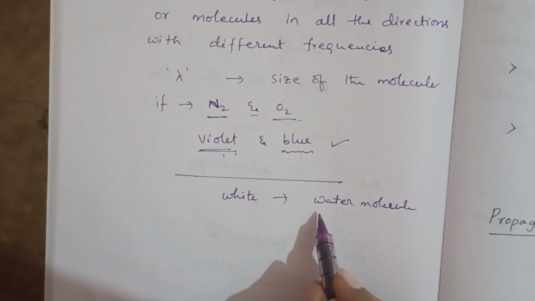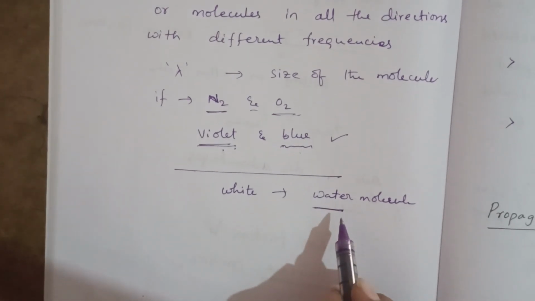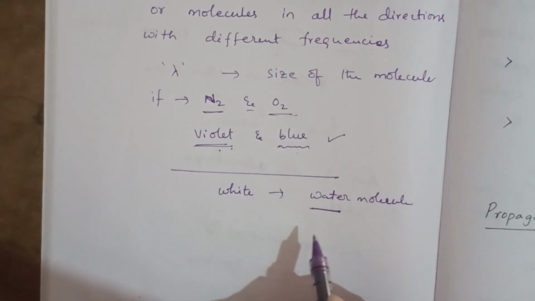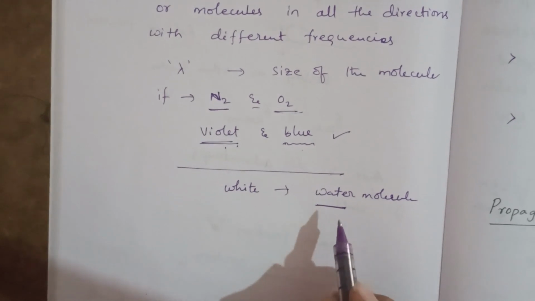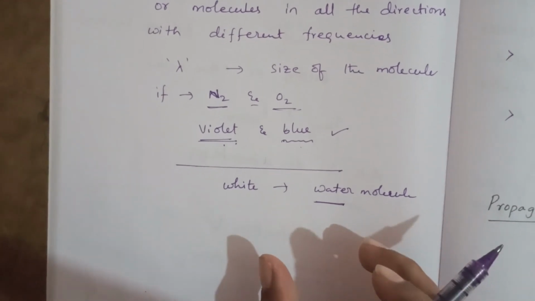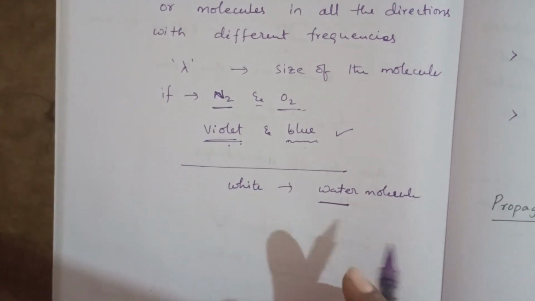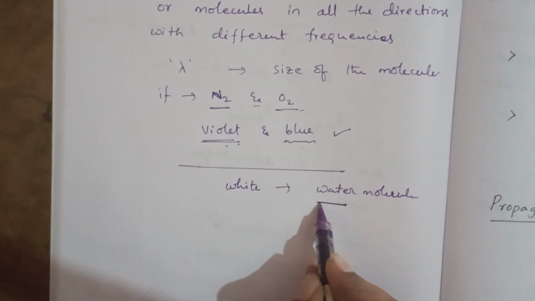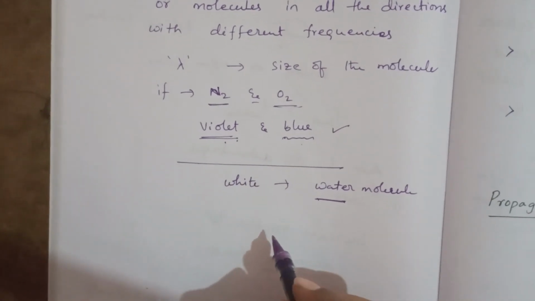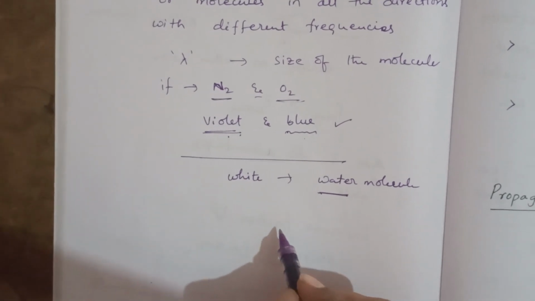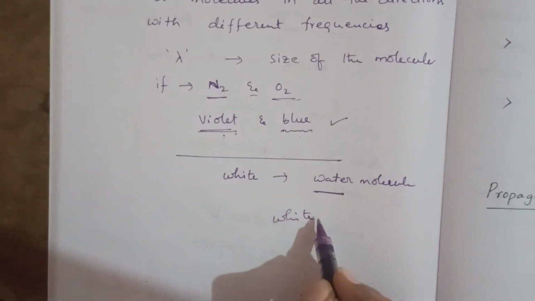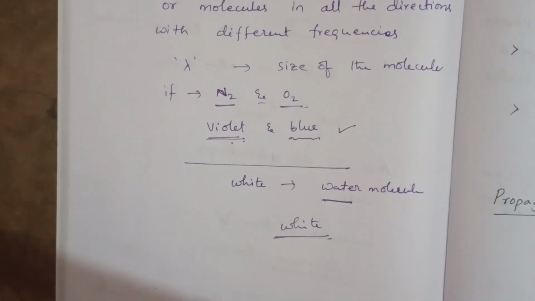So water molecules act as scattering centers and scatter all colors other than blue. The combination of all colors is white color, so the sky appears white.